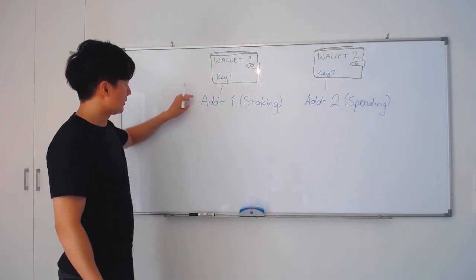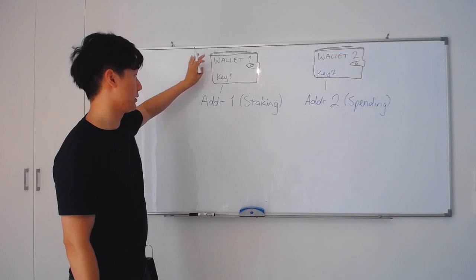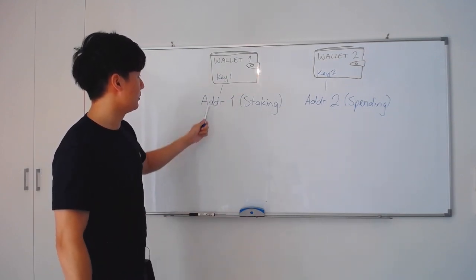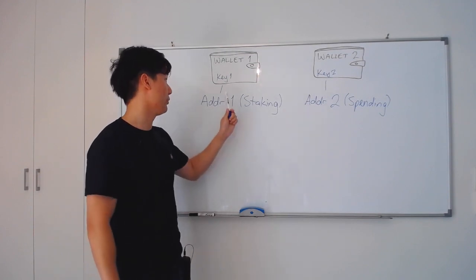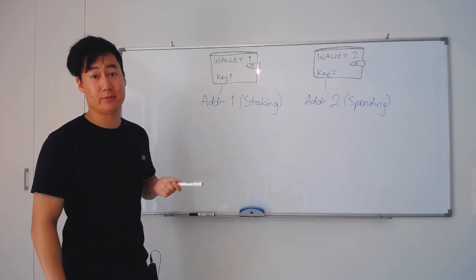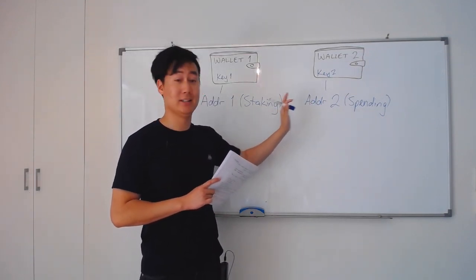Each address has its own related key, and your wallet is actually a store for these keys. So if you have two addresses from the same wallet, both your keys will be located in the same wallet, which defeats the purpose of cold staking because we're trying to separate the ability between spending and staking.